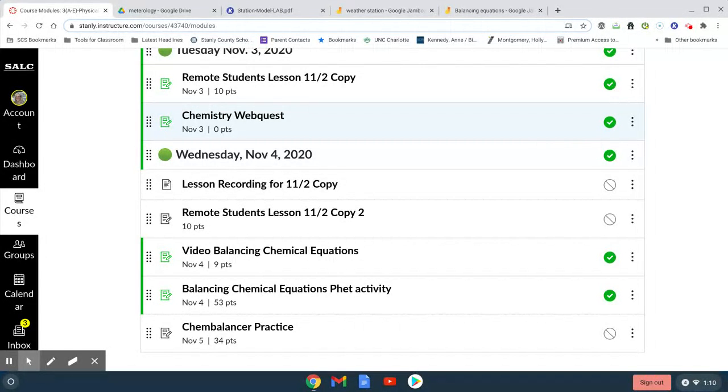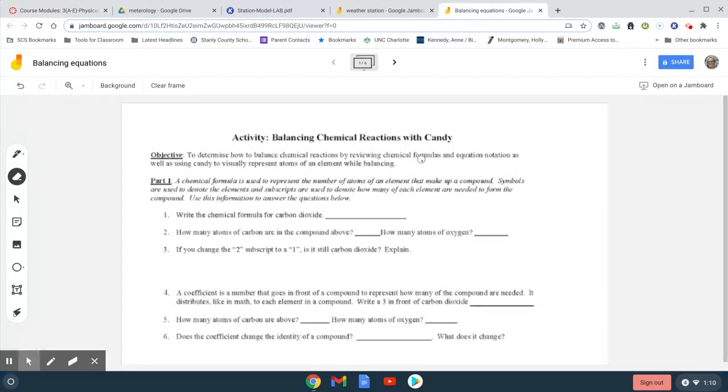It's what you needed to do yesterday. Today, we're going to work on these 2 activities here. There'll be a video you'll watch, and then you'll do this activity right here. Before we go into that, I wanted to do some explaining. If you were in class, I would have you do this with a manipulative, like beads, but we're going to go through this.